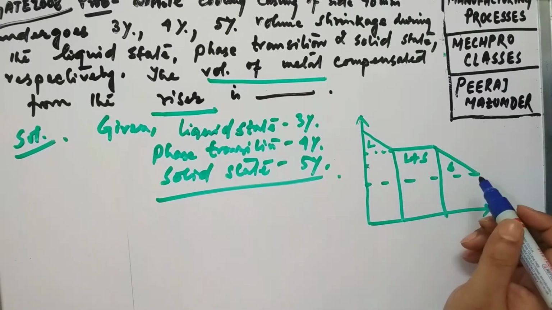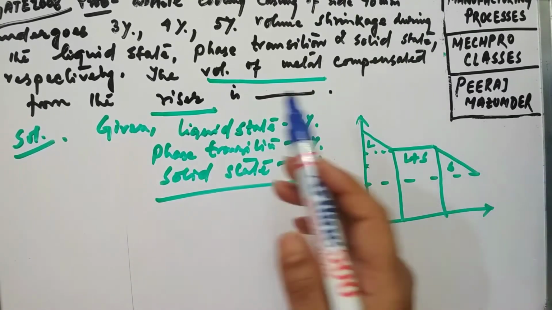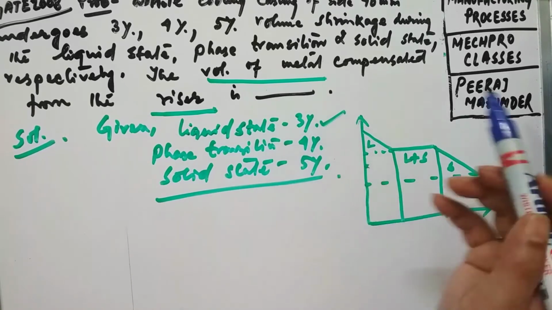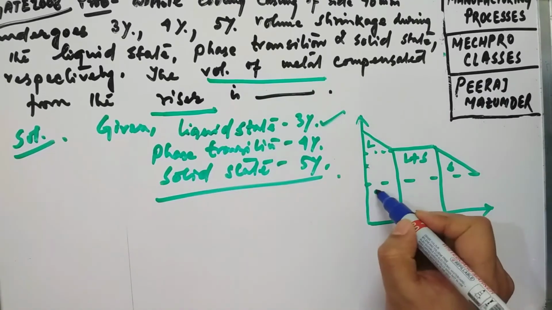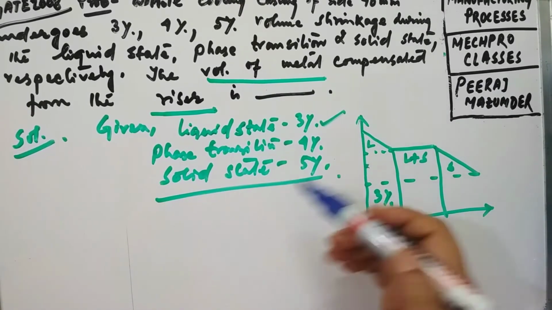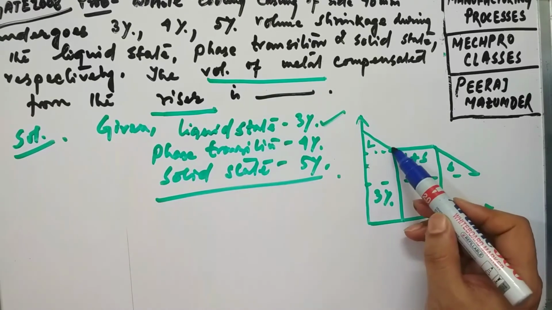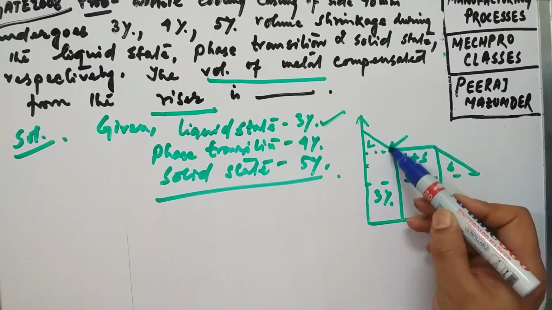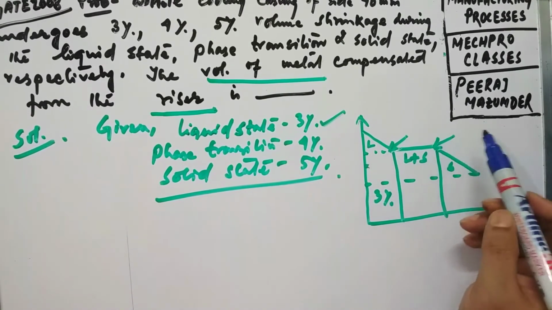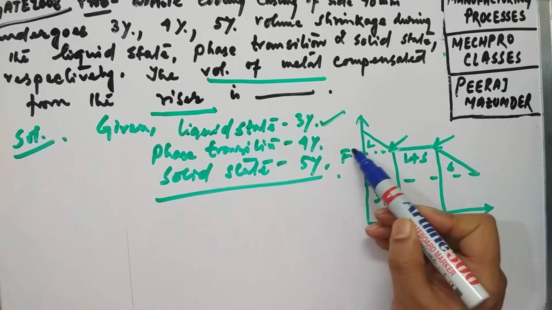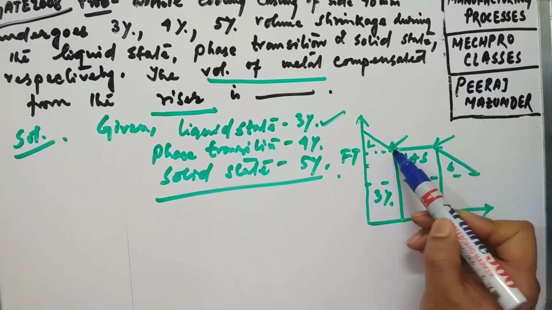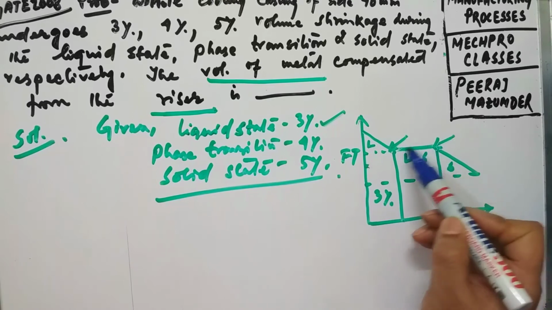Okay, now it is given that for the liquid state, the shrinkage is 3%. For phase transition, you already know freezing begins from here, and here this is also known as FT. So this point and this point have the same temperature, because phase transition takes place.